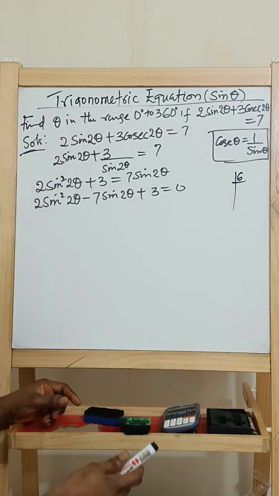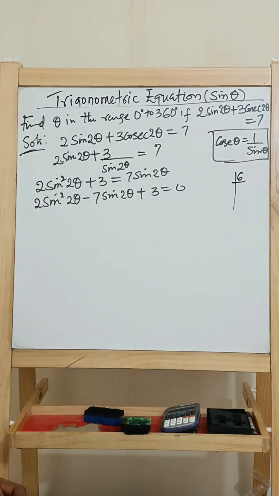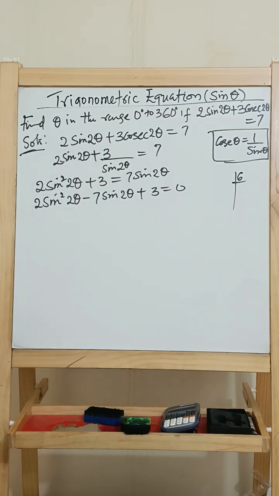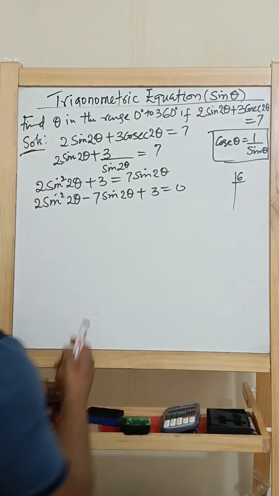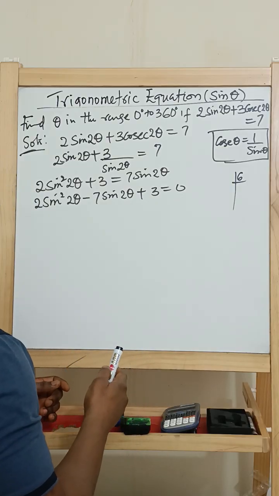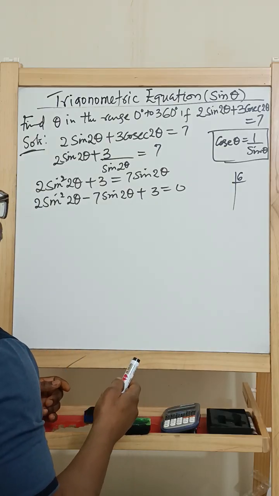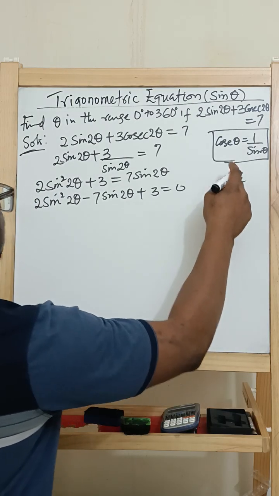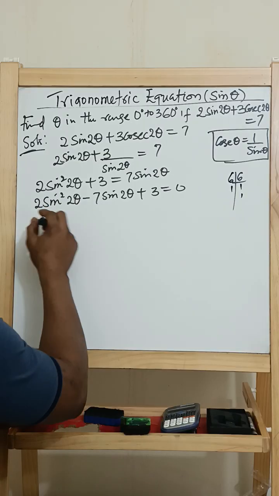So we need two numbers such that when we add them, we get the middle number, and when we multiply them, we get 6. What are those numbers? We have 6 and 1. 6 and 1 is 7. So we can use that here.